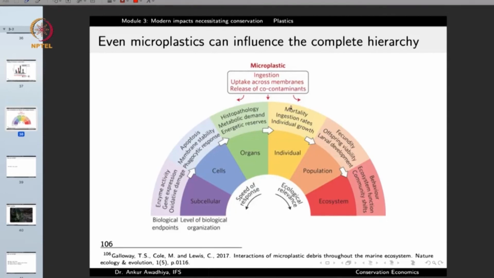At the level of individual, they may result in mortality, especially if an organism eats too much of these plastics and they impact a vital organ, or they can impact the ingestion rates or the growth of the individual. At the level of population, because the individuals are now not that fit and their organs are not working properly, that will have an impact on the fecundity.